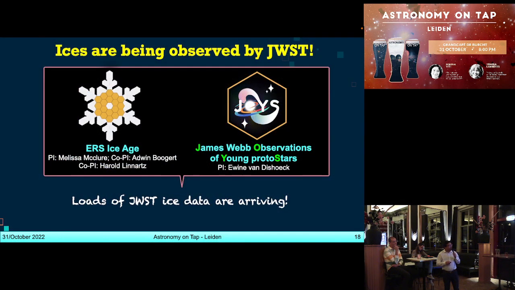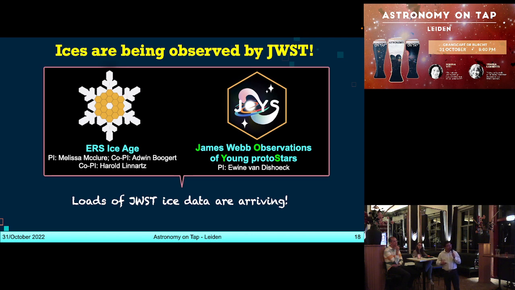We have some programs being led by professors in Leiden. For example, the ERS Ice Age, and basically this program was one of the first scientific programs to have observations dedicated to ice with the James Webb Space Telescope. That was an important thing.